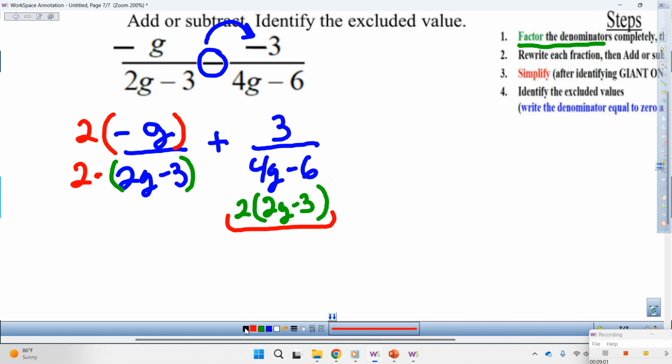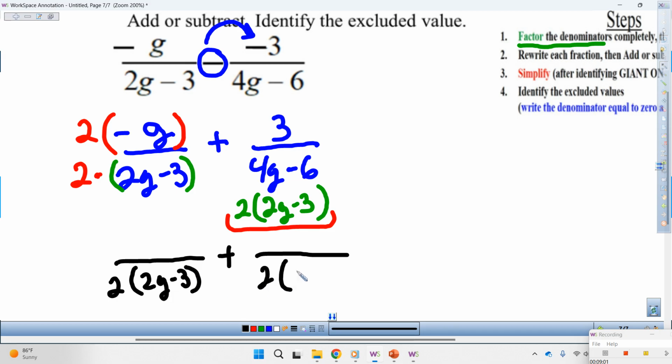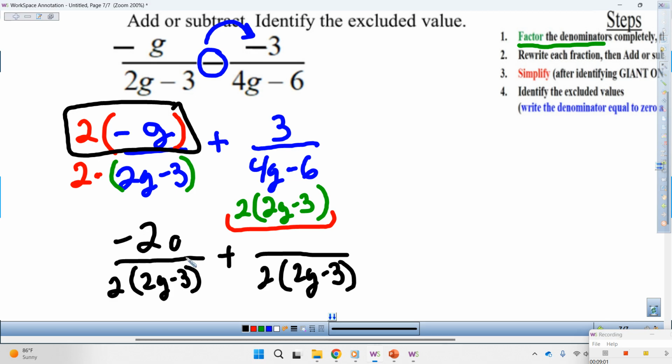So let's rewrite this. Our common denominator now is 2 times 2G minus 3. If we multiply the first numerator, what is 2 times negative G? Negative 2G. Did we do anything to this numerator? No. Bring it down. There it is.